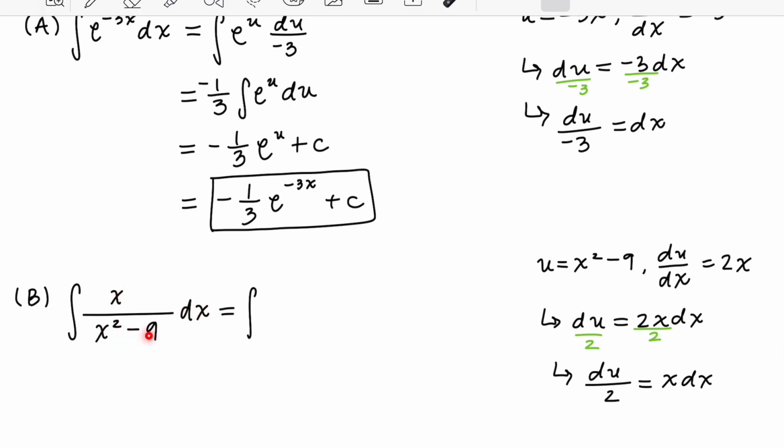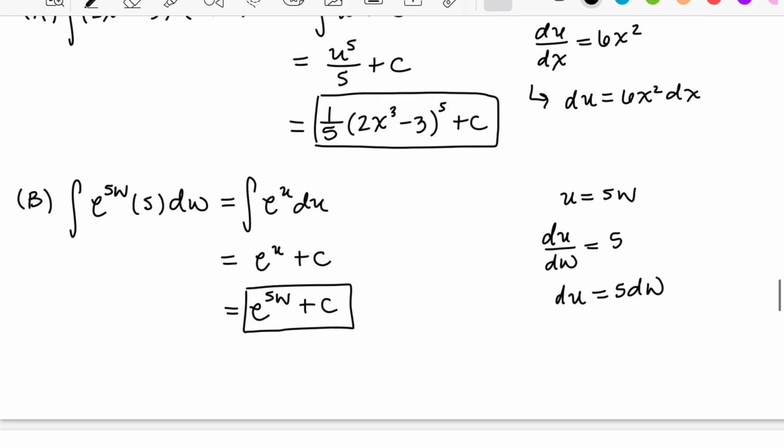We have 1 over x squared minus 9 times x dx. So we can rewrite this as 1 over u, since u is equal to x squared minus 9, times du over 2, since x dx is equal to du over 2. Again, pulling this constant out, we have the integral of 1 over u.